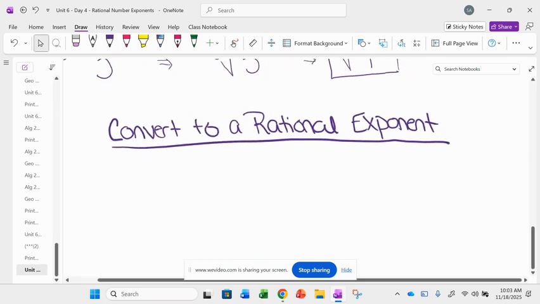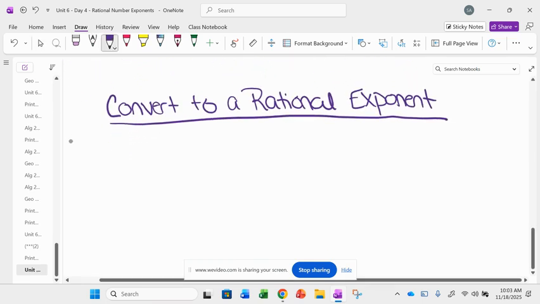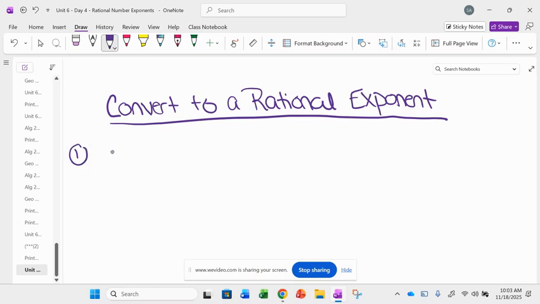That's what this means, convert to a rational exponent. So if I have the 5th root of 4x squared.